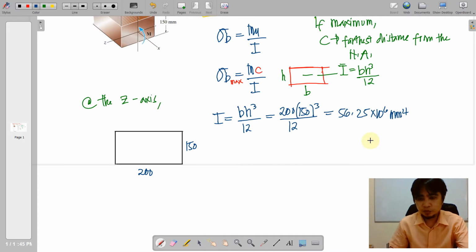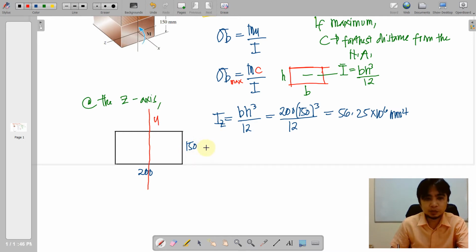We have 56.25 times 10 raised to 6 millimeter raised to 4, and this shall be the I for the z axis. For the y-axis, we just interchange the dimensions, so the base becomes the height and the height becomes the base.